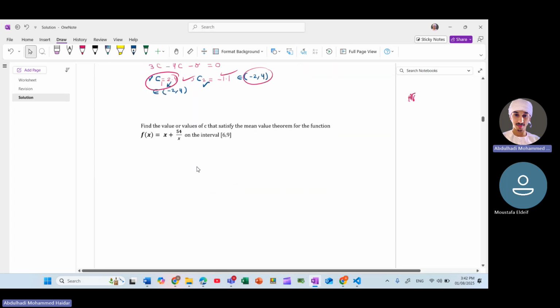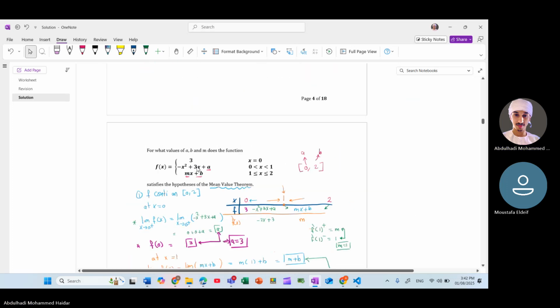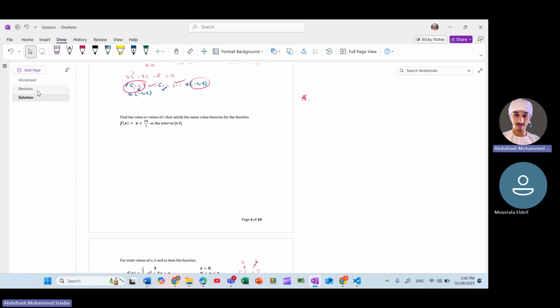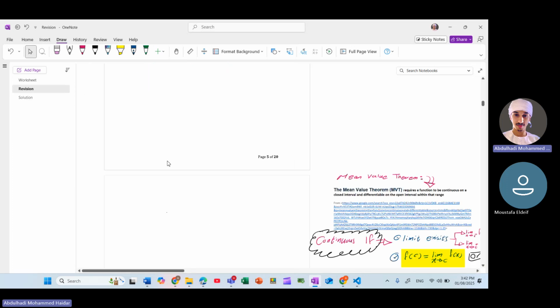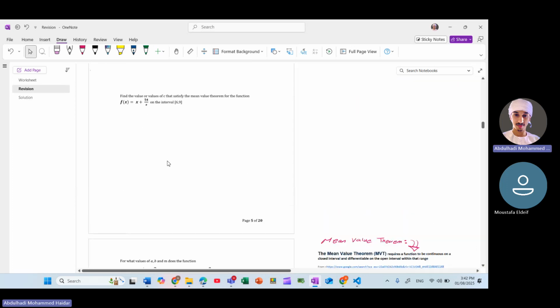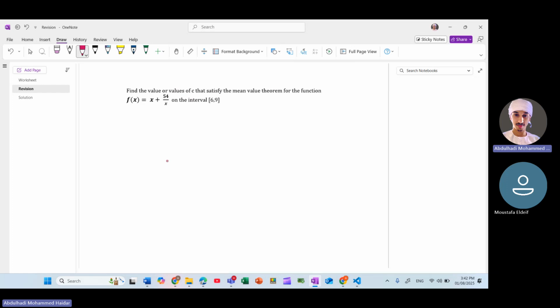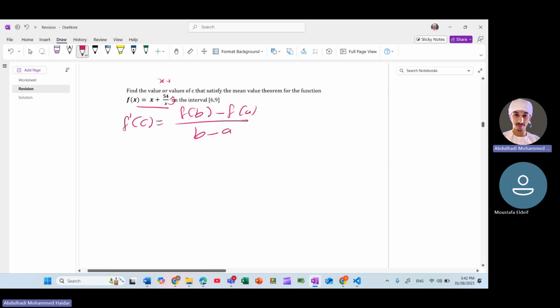The second one is the same as we did, and we have to solve it. F prime of C equals f of b minus f of a over b minus a, same as the first question. So differentiate this. Let's say x plus 54x minus 1.